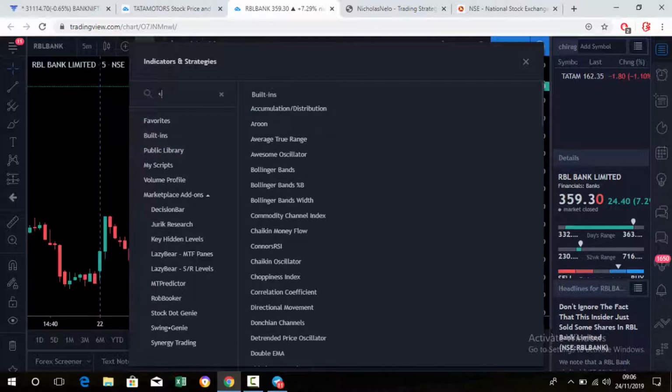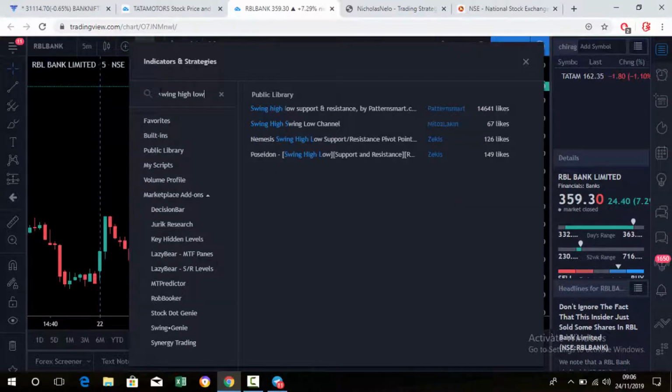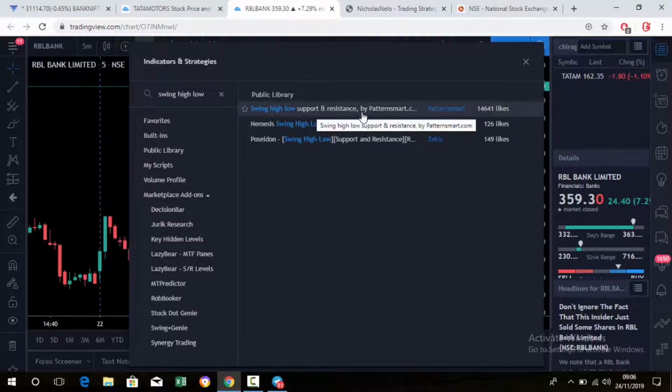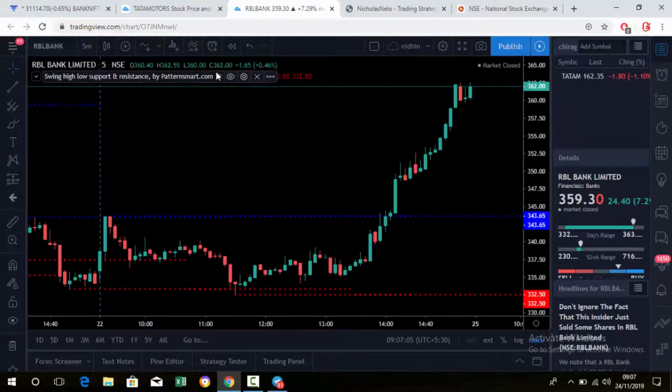Here you just type swing high low. So you got the first one, swing high low support and resistance by PatternSmart.com. See, more than 14,000 people like this, so it's a good one. That's why more people like this indicator. Just click it.